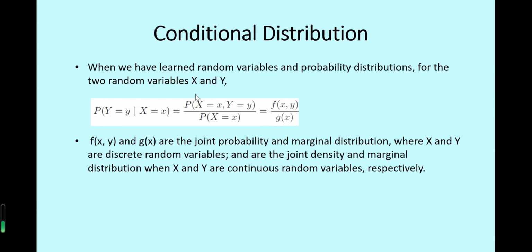Here, for discrete random variables, we can write in this form. And for continuous random variables, we can write f(x,y) divided by g(x), where f(x,y) is the joint probability density and g(x) is the density of x.